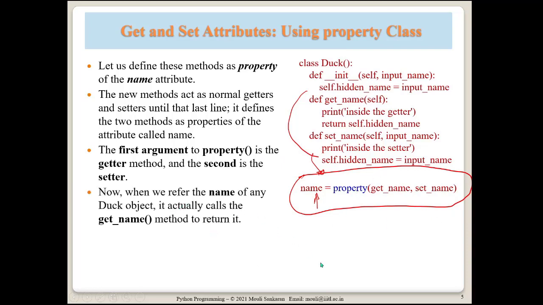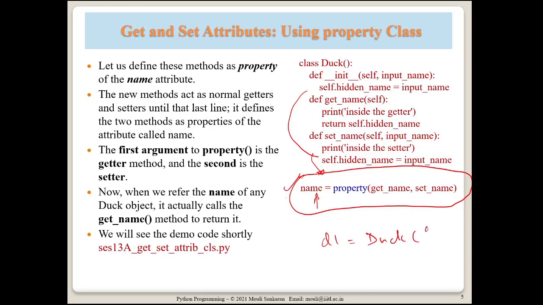Now when we refer to the name of any Duck object going forward, we will actually be using get name and set name. So suppose I say d1 equal to Duck with some name I have given, then d1 dot name, if I am writing into it, what is happening is I am setting it, so this function will be called, and this function is setting the hidden name.